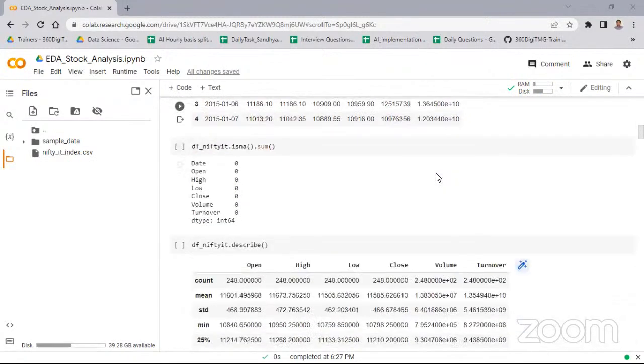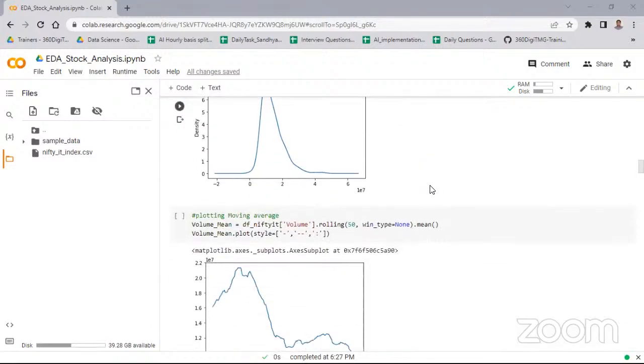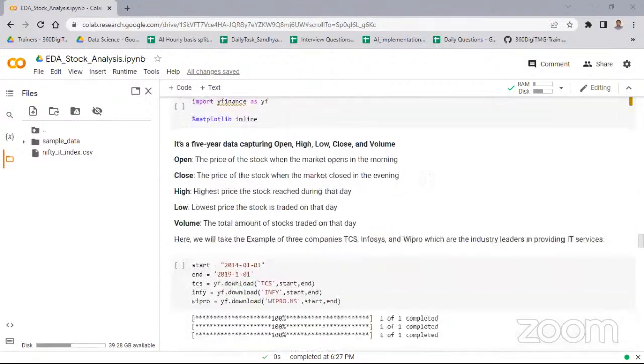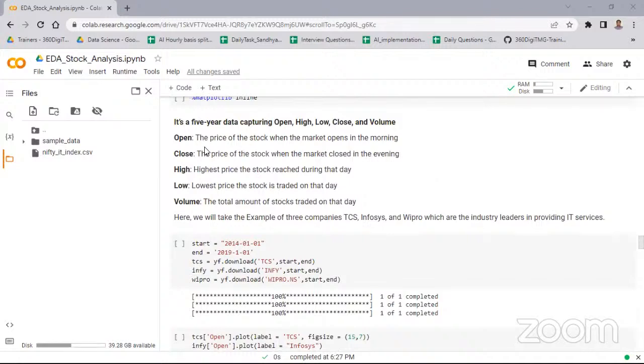So what is this all about, the graphical representation? Open means the price of the stock when the market opens in the morning. Close means the price of the stock when the market closes in the evening.